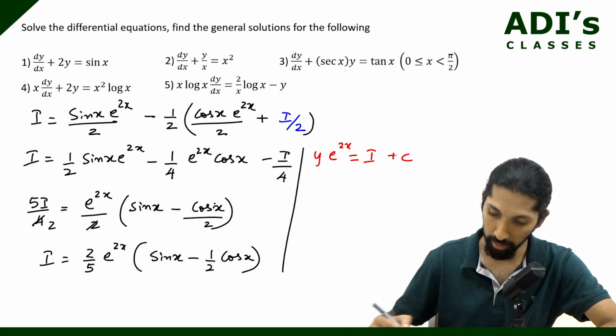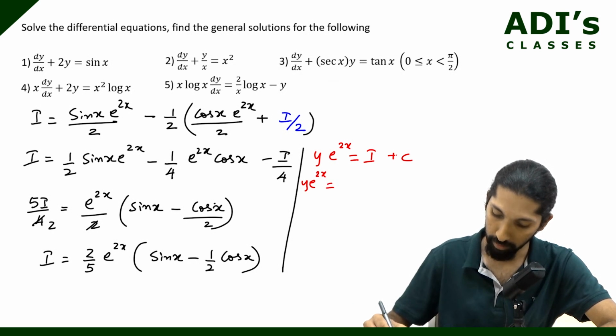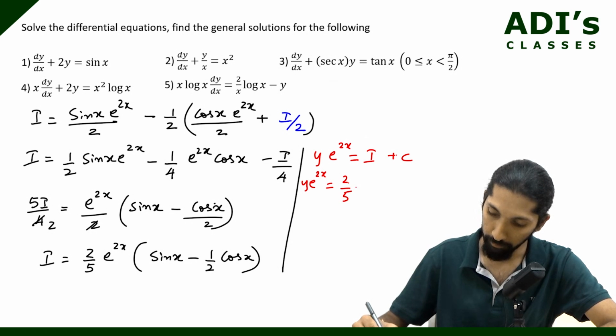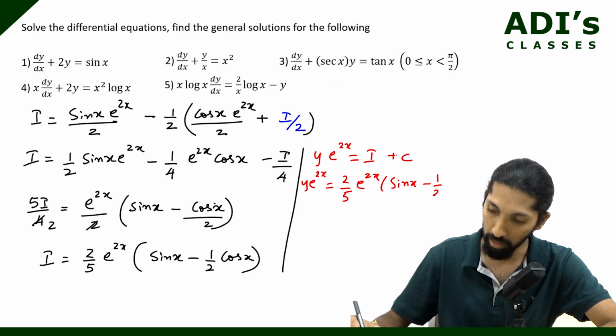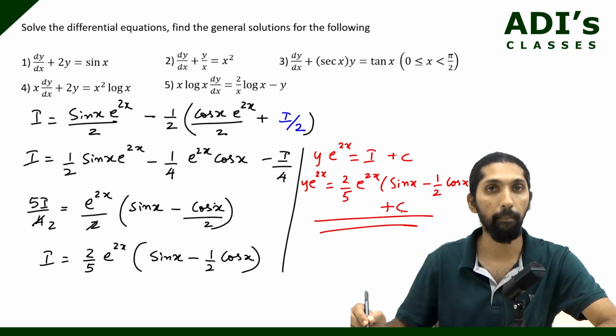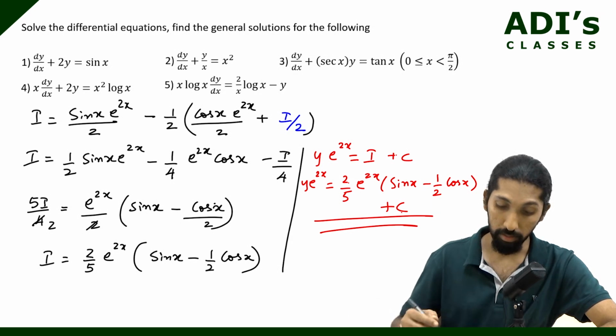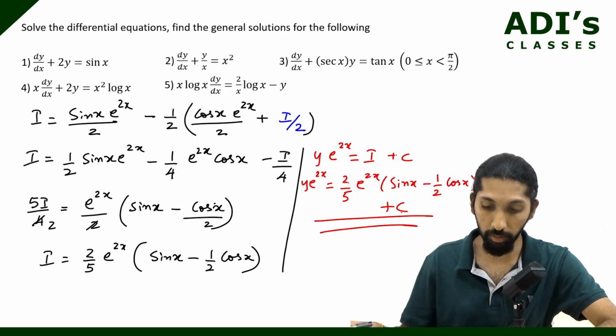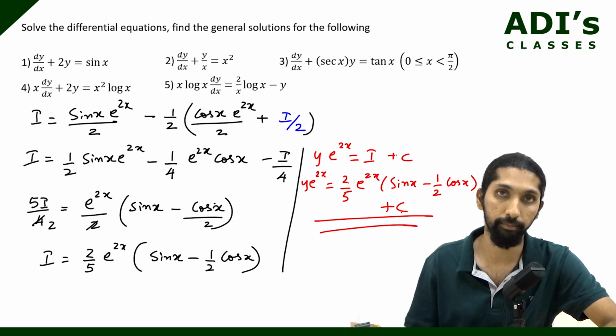Or you can just write y into e to the power of 2x equals 2 by 5 e power 2x into sine of x minus half cos x plus c. This is going to be the final answer. Clear? So this is the answer for the first question.